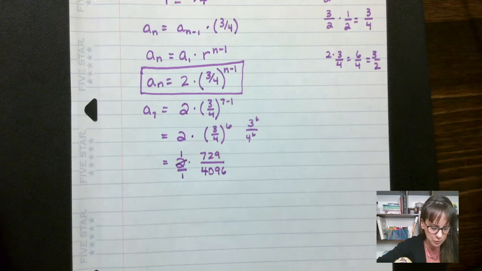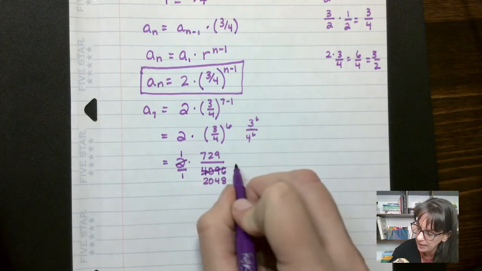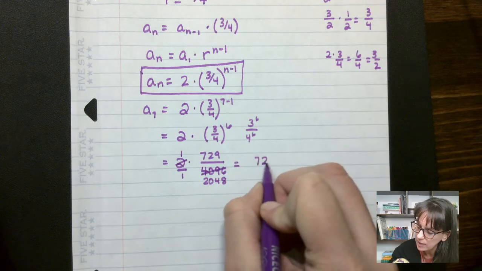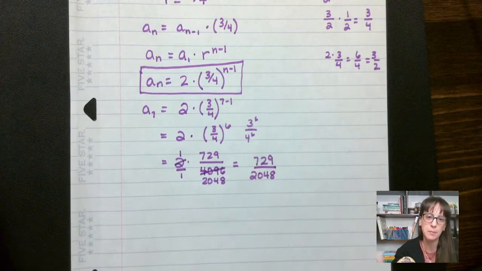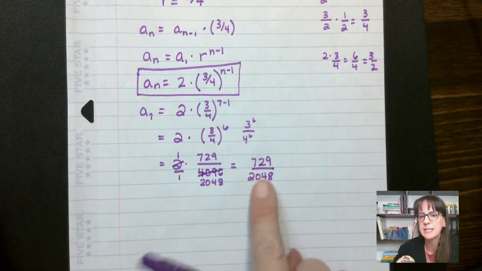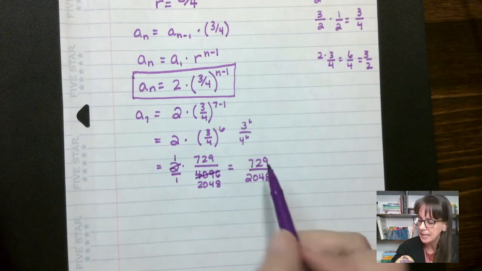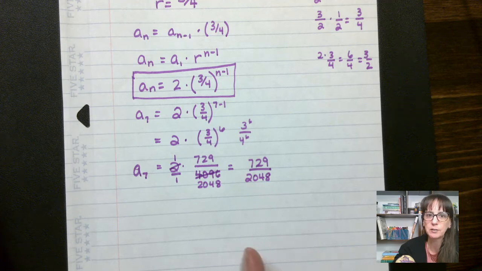Divide that by 2, and I get 2,048. So I end up with 729 over 2,048. So that's leaving it in fraction form. And sure enough, if I divide that, I get that same decimal that I had before. But it is a good idea to leave it in fraction form. So in our 7th position, a_7 equals 729 over 2,048.